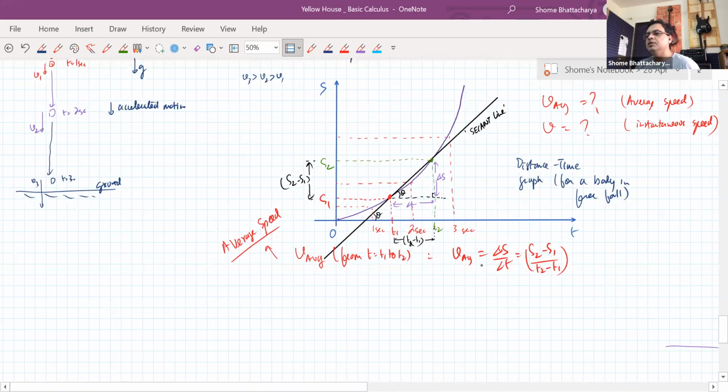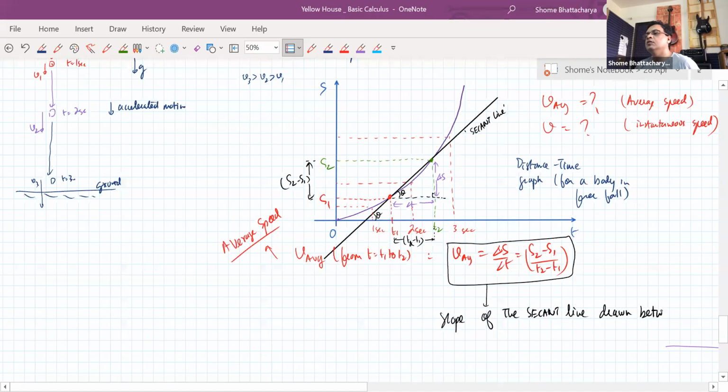So the average speed is the slope of the secant line drawn between the points which are at t equal to t1 and t equal to t2. That is the average speed.